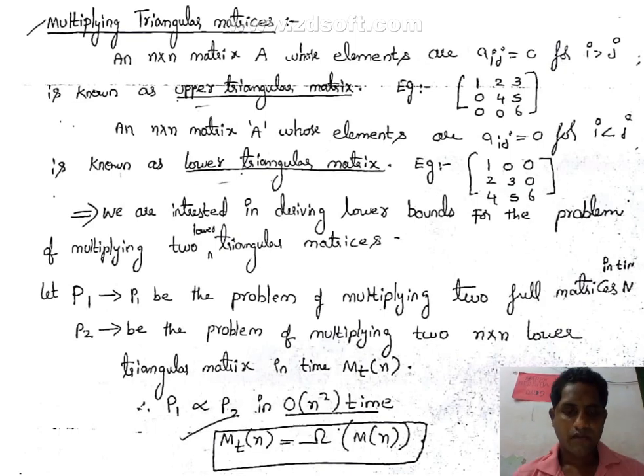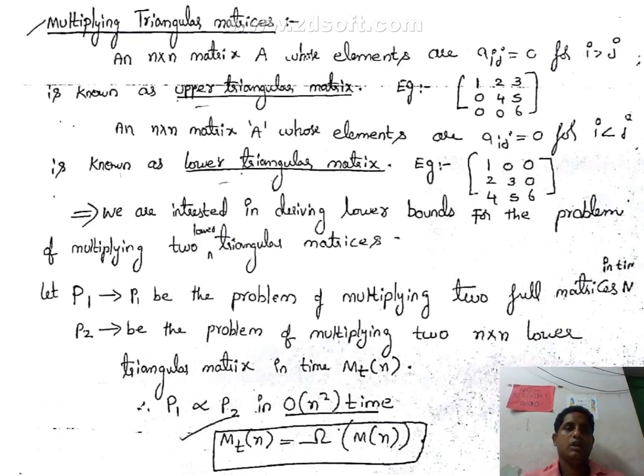Whenever you have to multiply triangular matrices, the elements of the upper or lower part are 0. So the interest is in deriving the lower bound for the problem of multiplying two lower triangular matrices, which can be assigned big O of n square time.